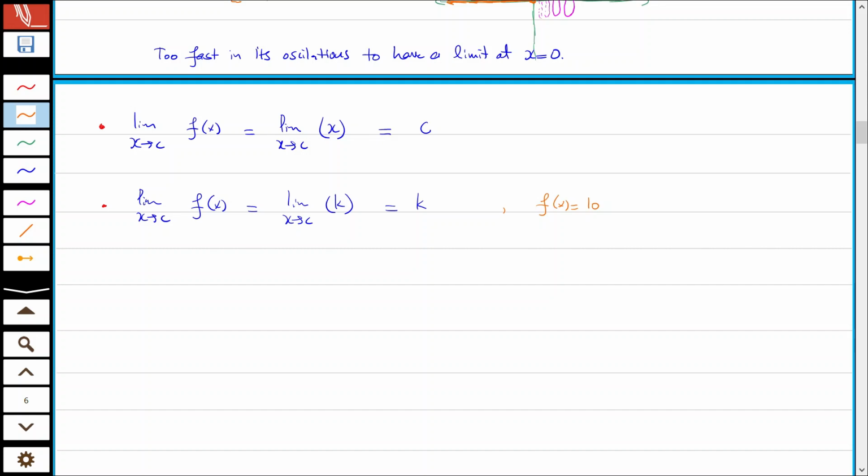Then let's write some limit laws. And it's a theorem. So we are stating some results.